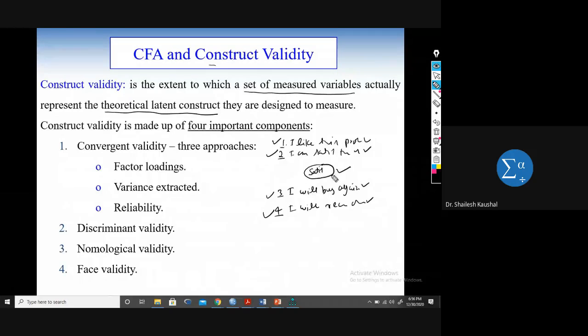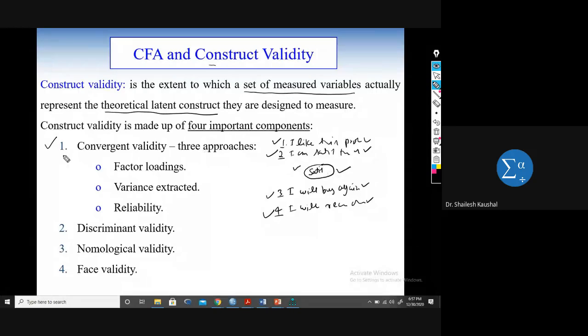So whether these questions are appropriately telling the concept of satisfaction or not, we check it. This is construct validity, whether our construct is valid or not. So who will tell us? These four terms will tell us whether these questions are valid for explaining the phenomenon of satisfaction or not.